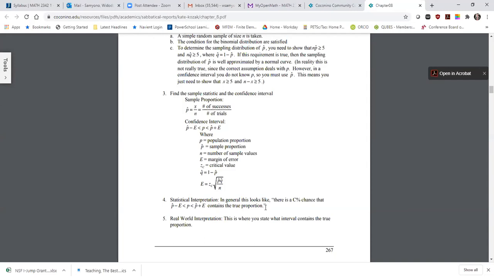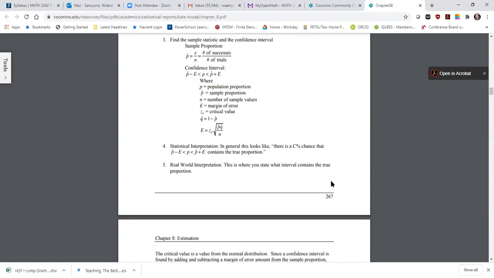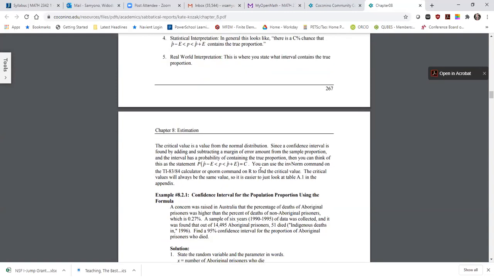So the statement is, there is a C% chance that the interval will contain the true proportion. So this is where you state what interval contains the true population proportion. The critical value is a value from the normal distribution. Okay?